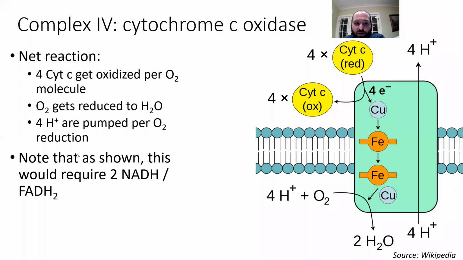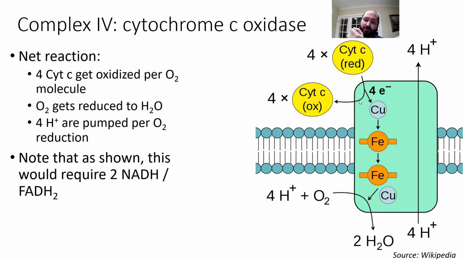Also note that as shown, this would actually require 2 NADH and/or FADH2. This would require 2 electron carriers because each of them is only going to give 2 electrons to the electron transport chain and would only be able to produce a half O2 molecule. So this is the discrepancy between some diagrams you might see where this complex is pumping 4 protons and receiving 4 electrons.